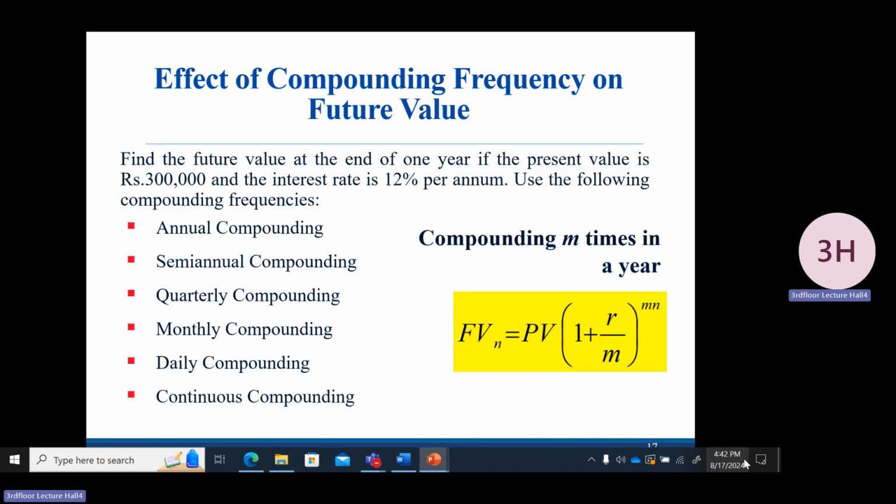At the end of 1 year, interest compounded annually, so your future value at the end of year 1 is your deposit 300,000 into (1 plus R), that is 1.12, to the power n. n is 1. So the answer is 336,000. This is the answer.